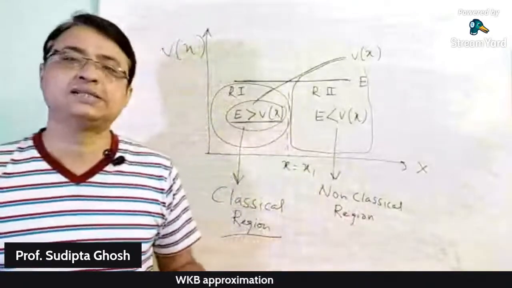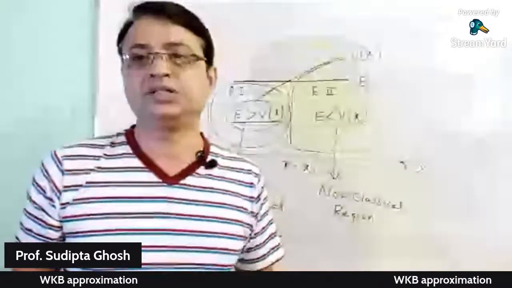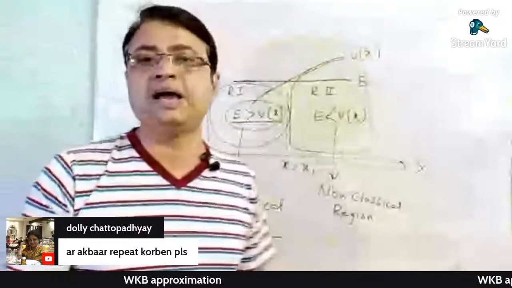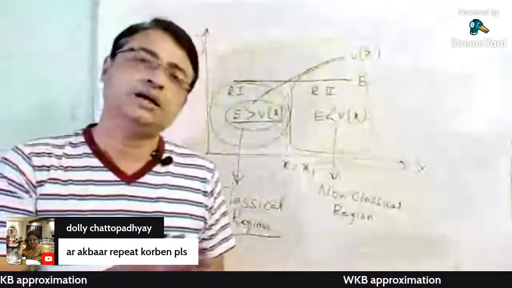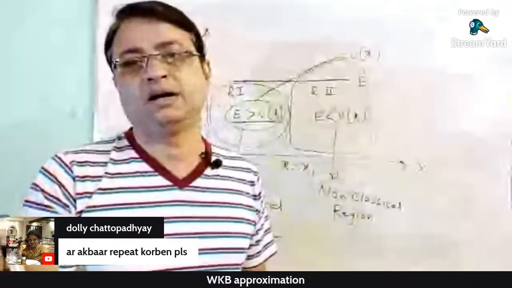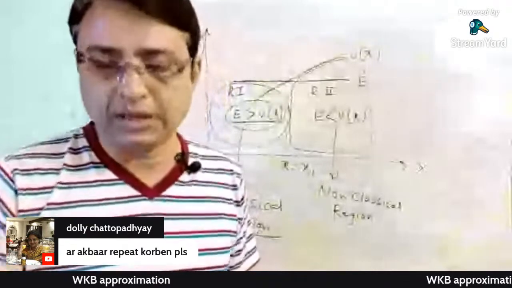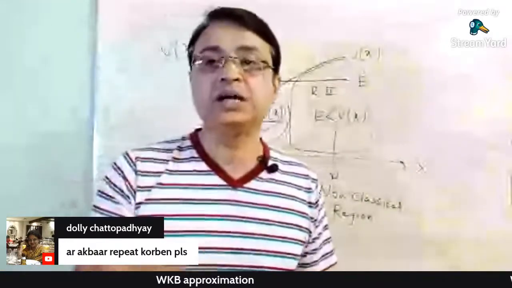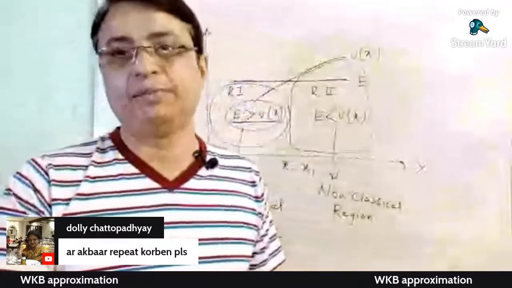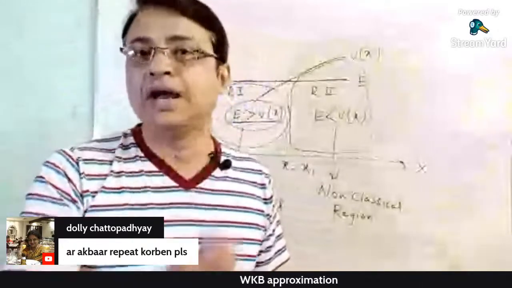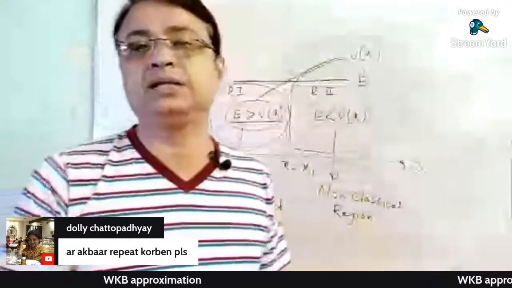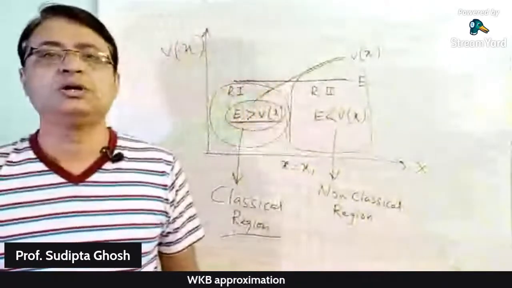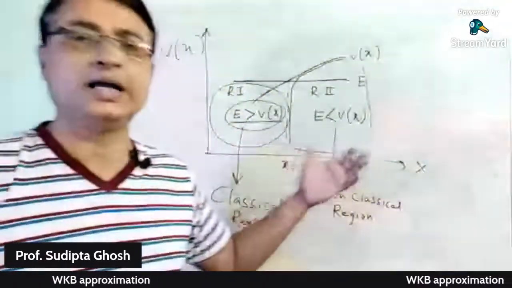The figure shows a particle having an energy E moving in a region in which the potential Vx slowly varies, because whenever the potential varies slowly, only then can you apply this WKB approximation, as I have repeated so many times. Now in this figure I get two regions.